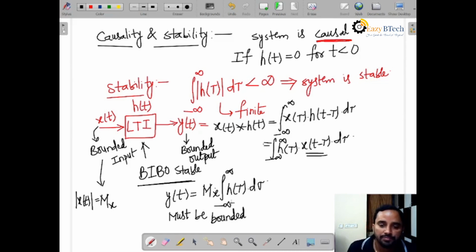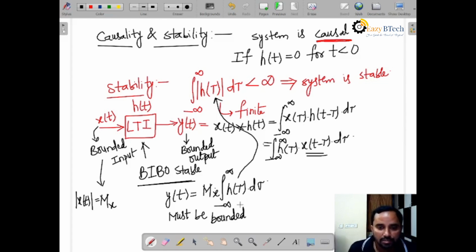Therefore the system will be stable if this integral of h of tau d tau is less than infinity, then the overall y of t will be finite or bounded. This is the clarity on stability.